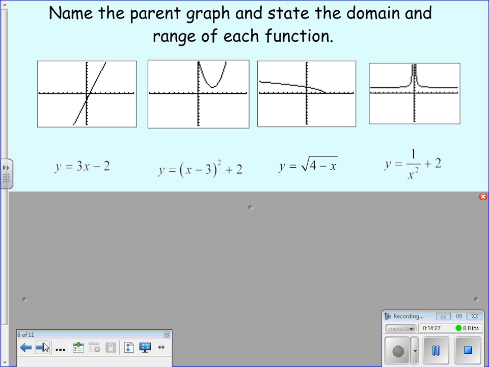Y equals x. That's the parent function. Everything else is some twist or turn on the parent function. So the parent function for the first one is y equals x. And then I want you to give me the domain and range for each one of those four equations. You can get them kind of from the graph, but there's no real numbers on the graph. Better to get these ones because they have the equation, get the domain and range from the equation.